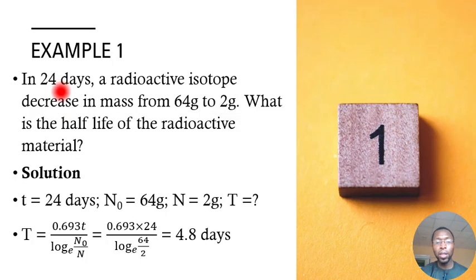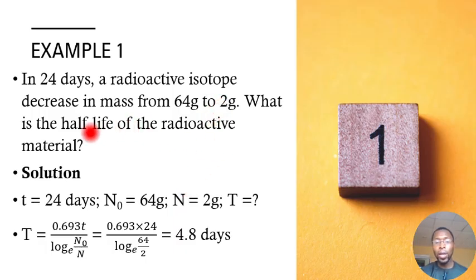In 24 days, that is the time for the radioactive isotope to decay. 24 days, that's the t. And then, before the radioactive isotope decays, the initial mass is N0, so N0 is 64 grams. Now, after 24 days, the remaining mass is N, which is 2 grams.